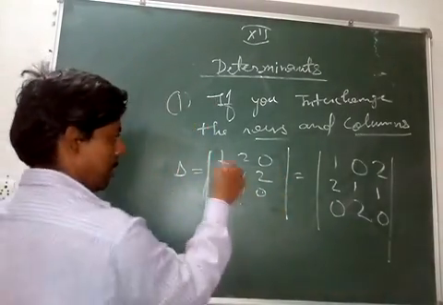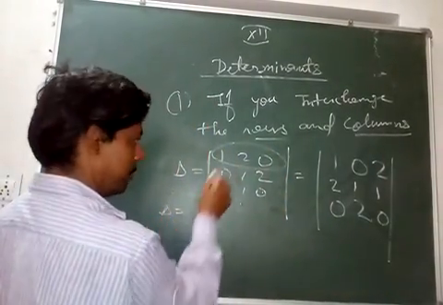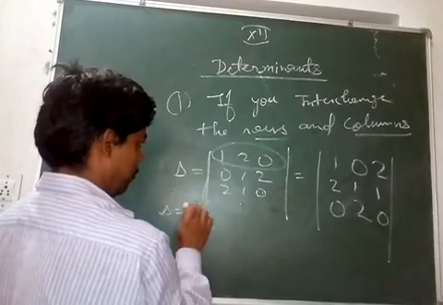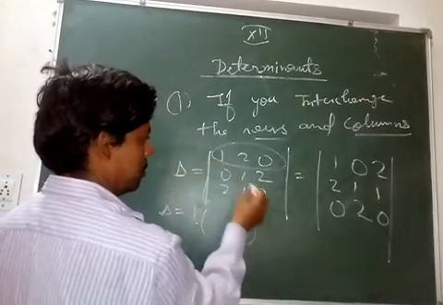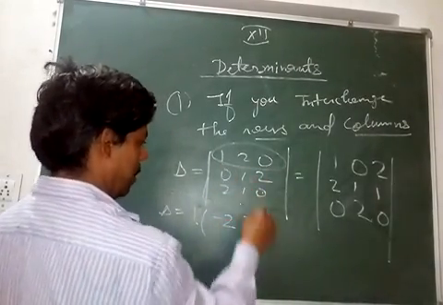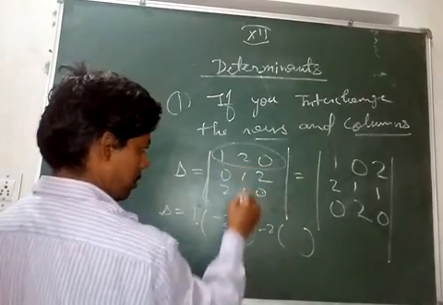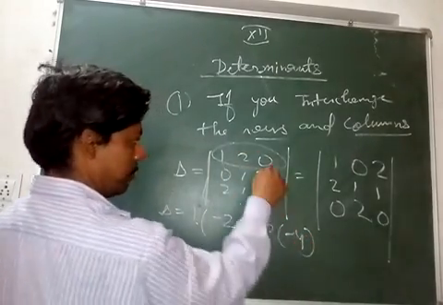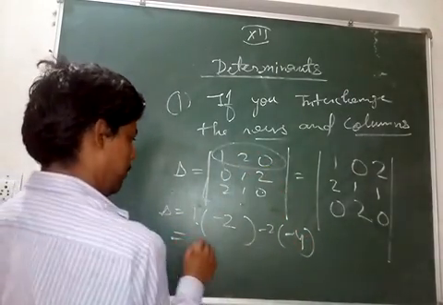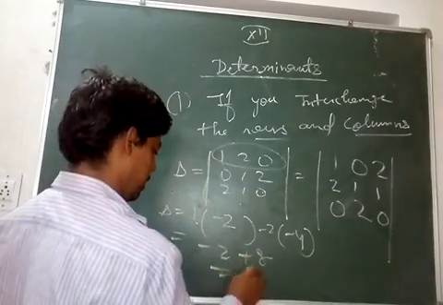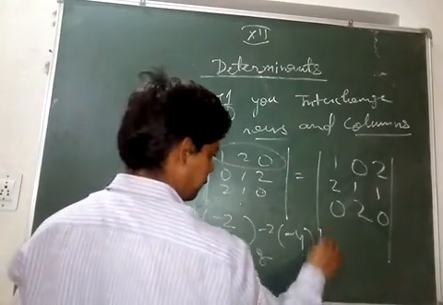You can check. Let's expand it along this way. 1 times (0 minus 2), minus 2, and along minus 2, 0 minus 4. No need to expand along 0. So we get minus 2 plus 8, that is 6. Let's check it here.